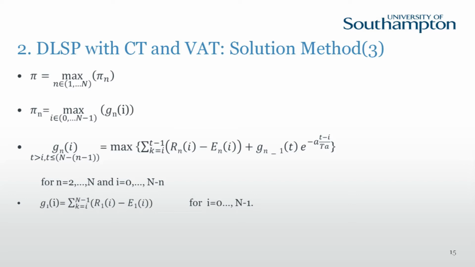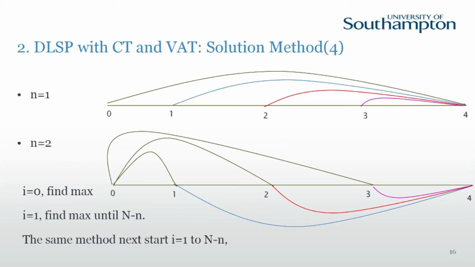For a better understanding, I'm looking at this graph. When n equals 1, I calculate from 0 to 4, 1 to 4, 2 to 4, and 3 to 4, and from here I find the maximum values.